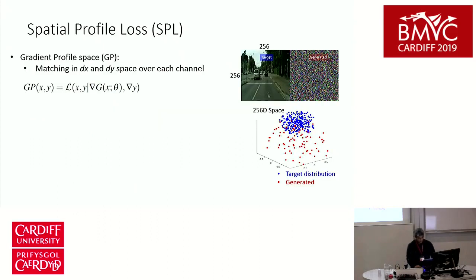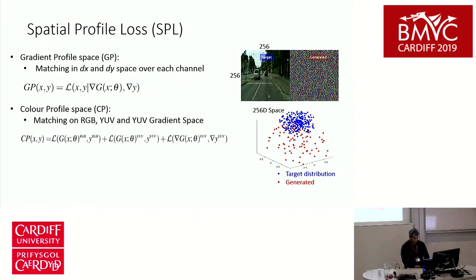If we pose this matching in the image gradient space, then we call it the gradient profile loss, and show that it drives the shape quite well. Similarly, we define the color profile component by matching in different color spaces, RGB, YUV, and the chroma UV gradient spaces.